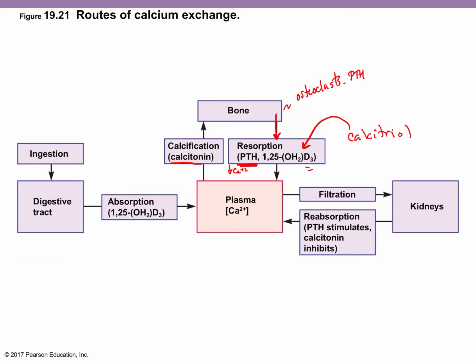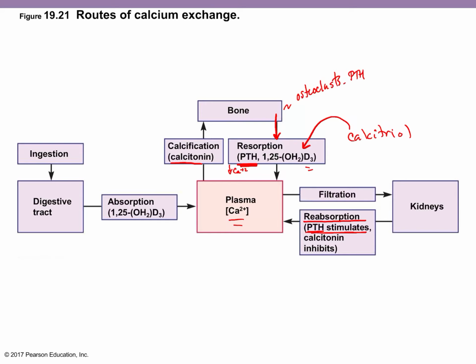So this is going to increase our plasma calcium concentration. The parathyroid hormone also, if you look at it, increases the calcium reabsorption by the kidneys. Reabsorption is, this is weirdly, parathyroid hormone stimulates reabsorption.